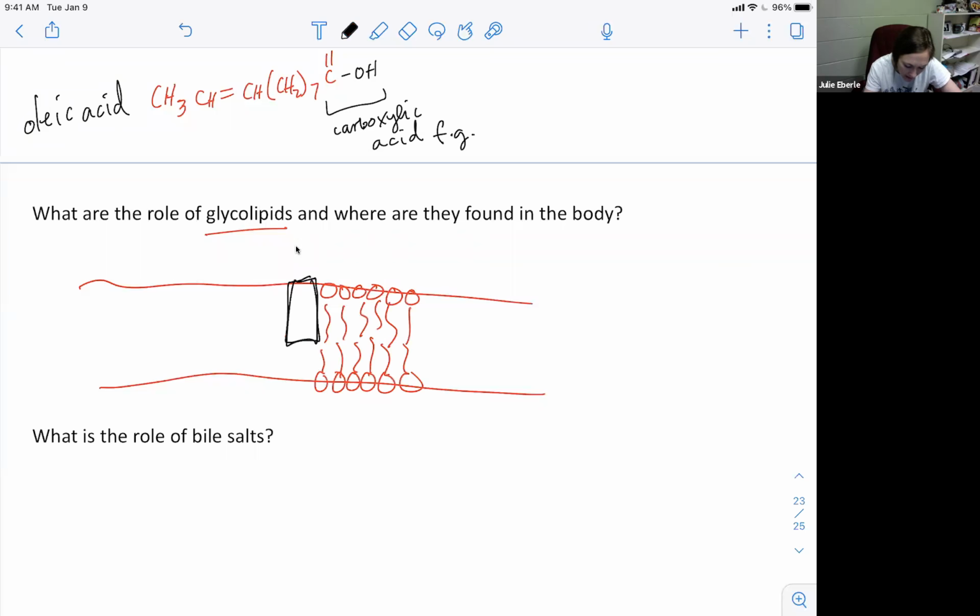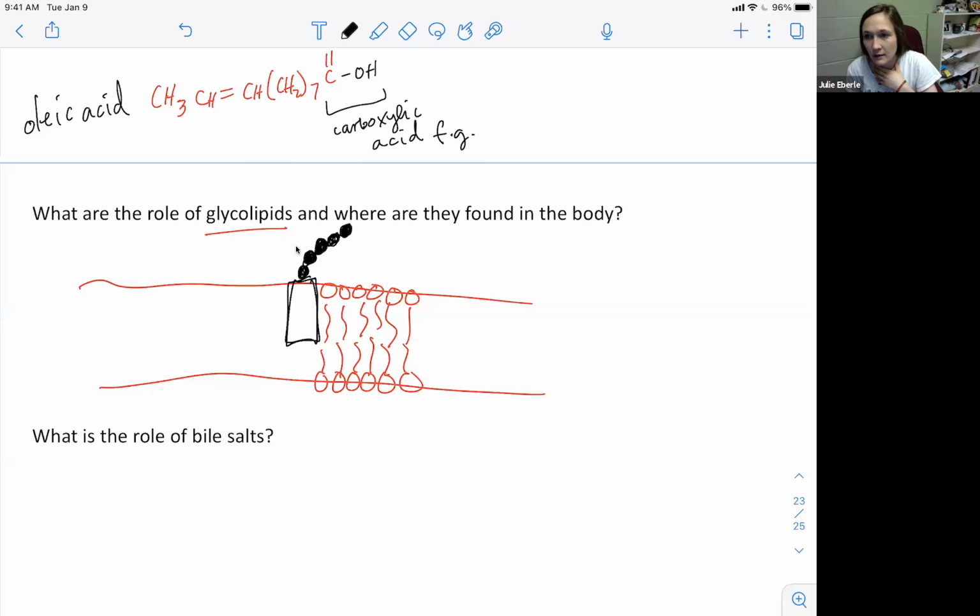They're fats, but then they have these sugar parts. So pretend that each of these black spheres is like a monosaccharide, and they can be polysaccharides, chains of monosaccharides sticking out above the bilayer into the environment.